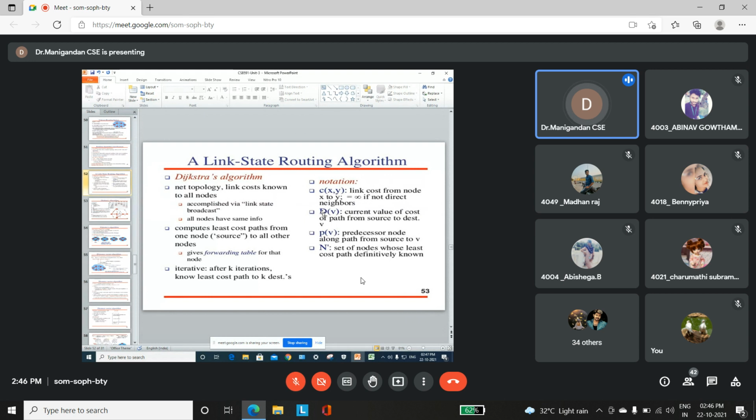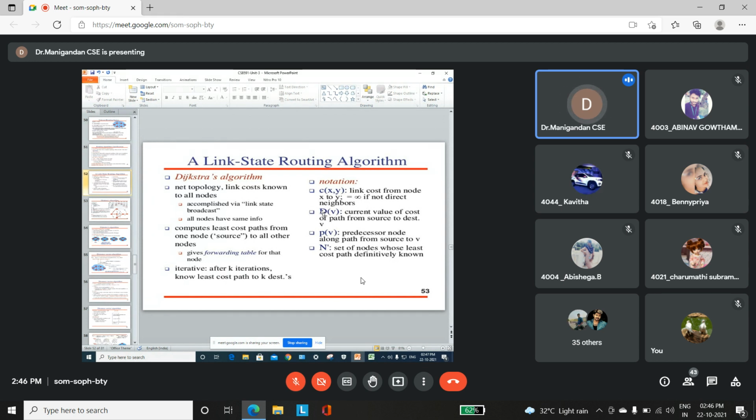And p(v) is the predecessor node along the path from source to v, meaning the previous node on the path from source to destination. And N' is the set of nodes whose least cost path is definitely known.